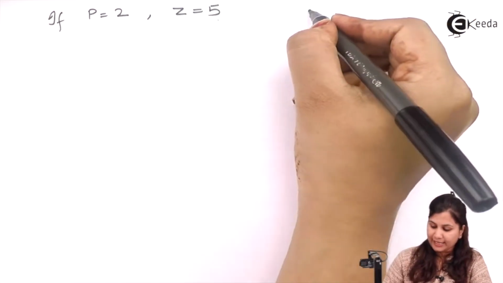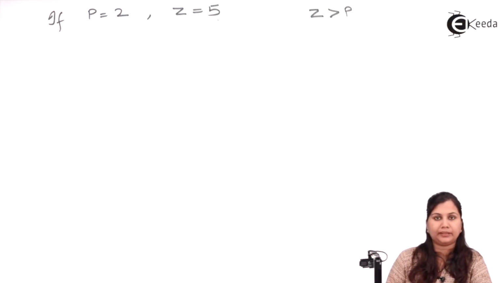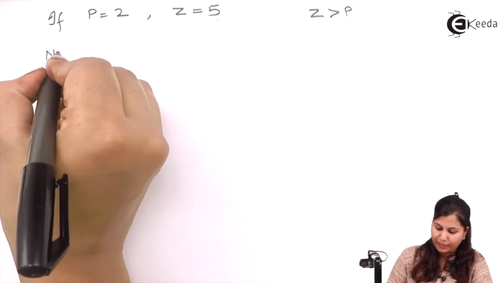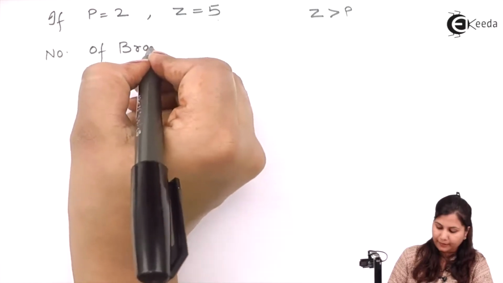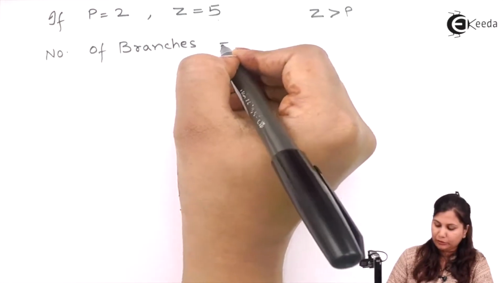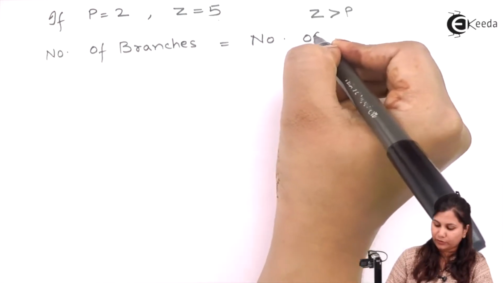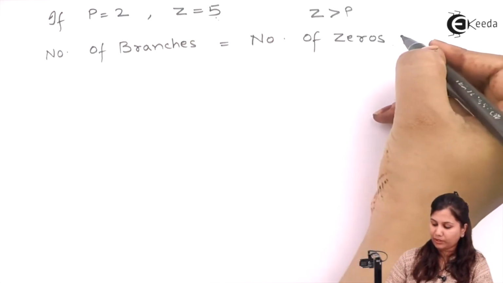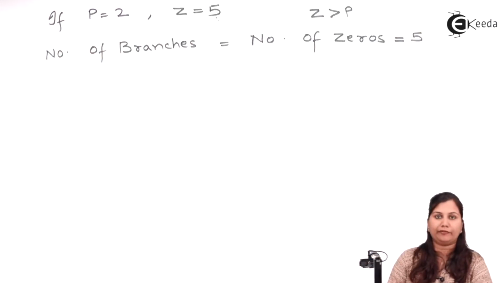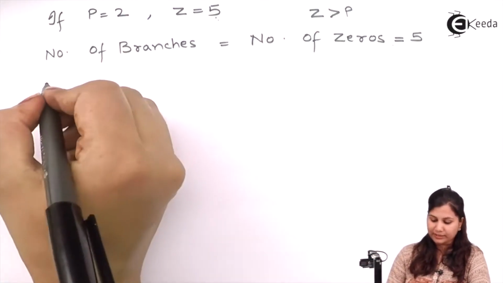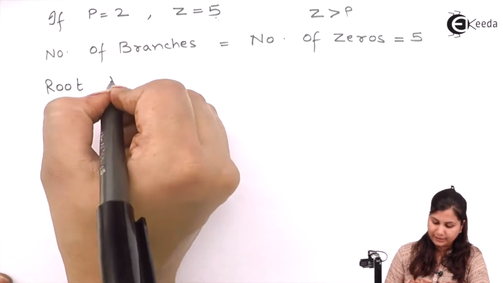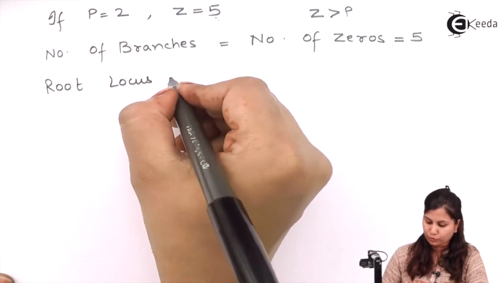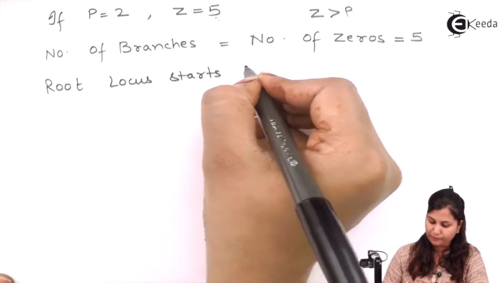So in this case, Z is greater than P. When Z is greater than P, the number of branches will be equal to the number of zeros. Here the number of zeros is 5, so there will be 5 branches. Now, as we have said, the root locus starts from the pole and terminates at the zero. So the root locus starts from the pole.